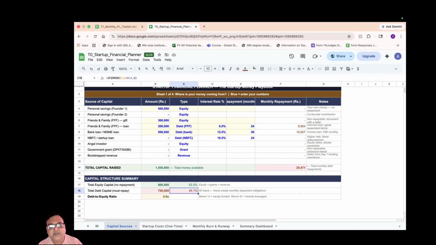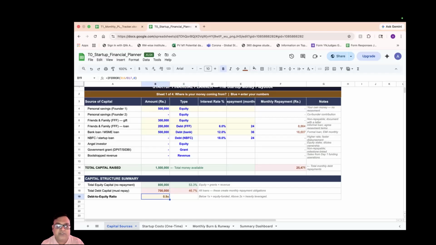Why do you need to have this kind of structure? I mean, 15 lakh rupees is what we got, but you need to understand how you've raised it. Okay. Imagine if the debt capital goes very high. Okay. Everything is debt. There's a big loan that you've taken from a bank and you're running your business. Think about it.